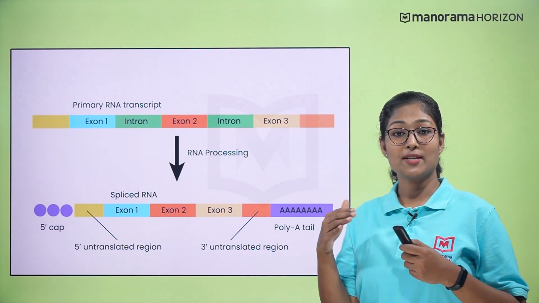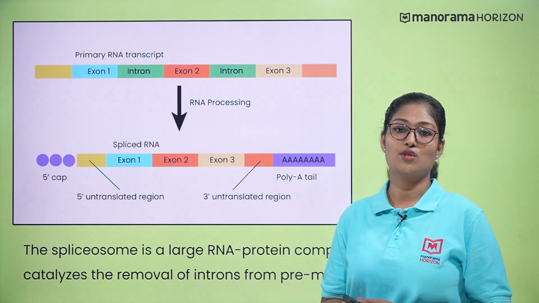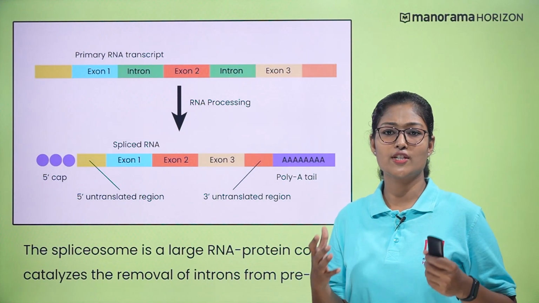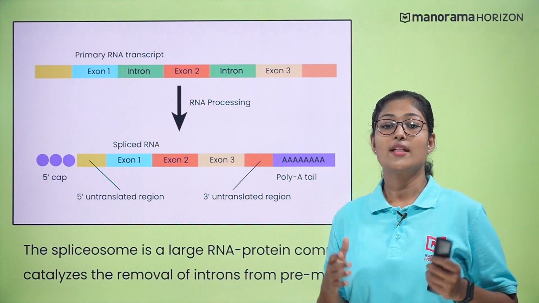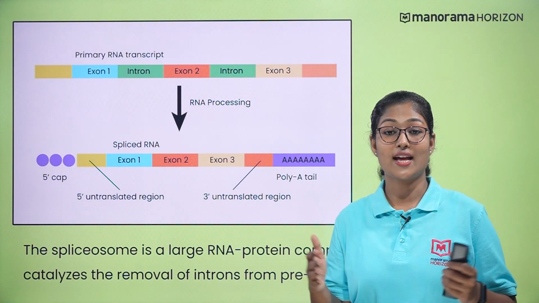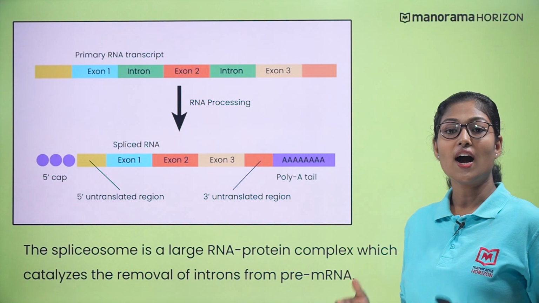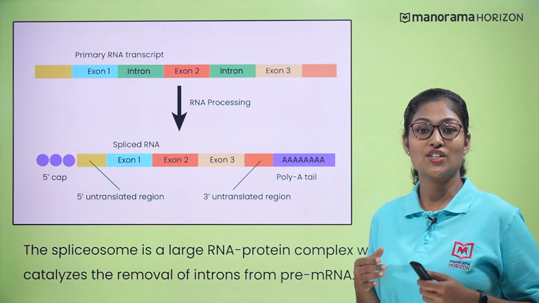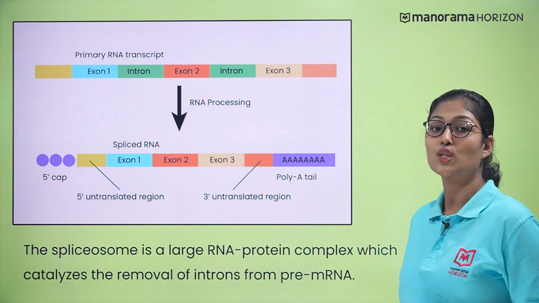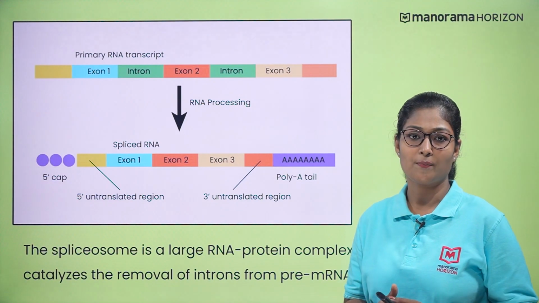The transcript is spliced by spliceosomes. So what is the function of a spliceosome? It is to remove the introns, and the exons are joined in a defined order. The spliceosome is a large RNA protein complex which catalyzes the removal of introns from pre-mRNA.